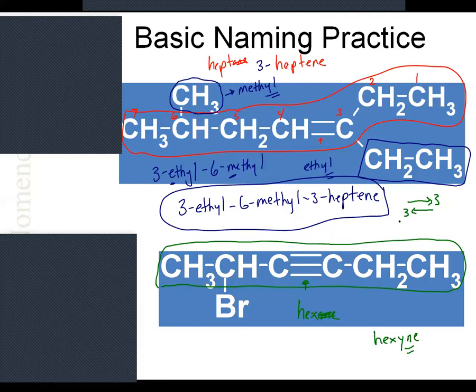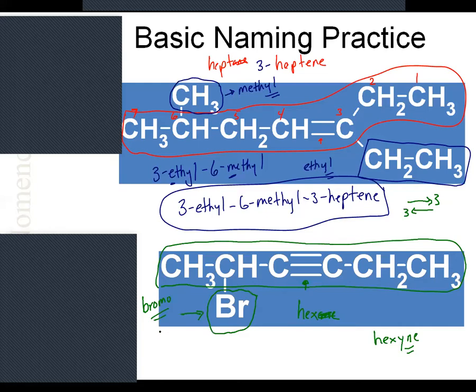So in this case, what you would want to do is default to the next important thing. And the next important thing would be this group attached. This is a halogen, and they are named like bromo, fluoro if it's a fluorine, chloro if it's a chlorine.